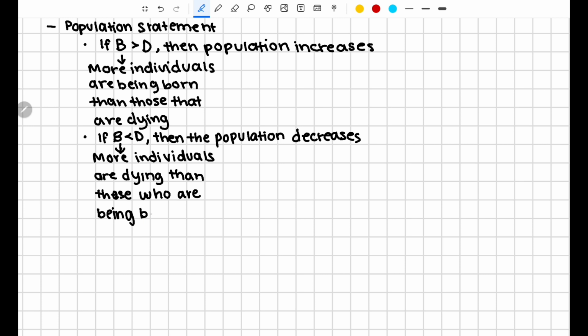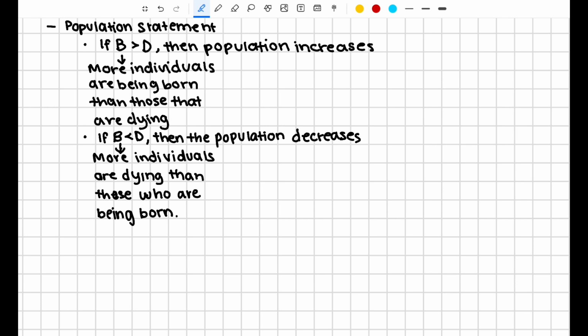More deaths than births. And in this case, our population growth would be negative because the population is decreasing. There's more death, and the birth rate cannot keep up with it.